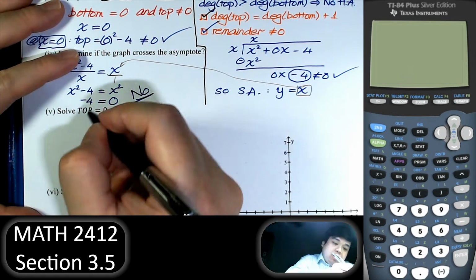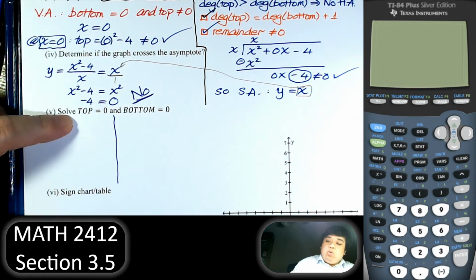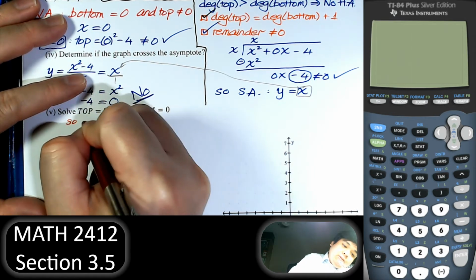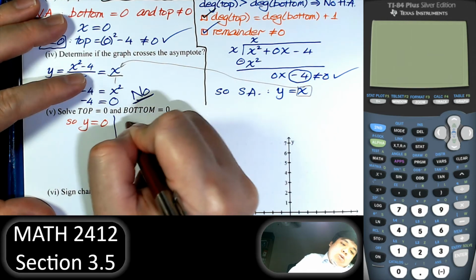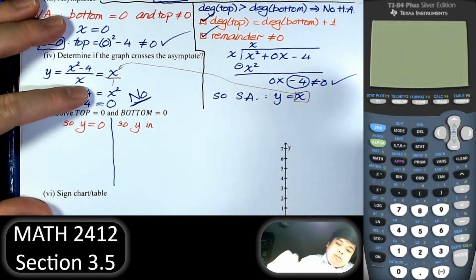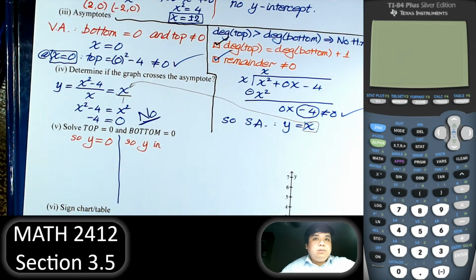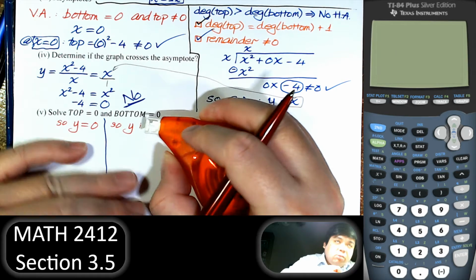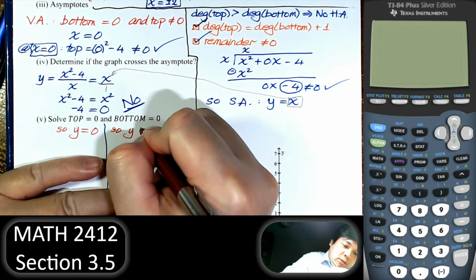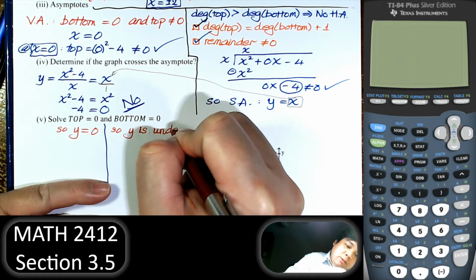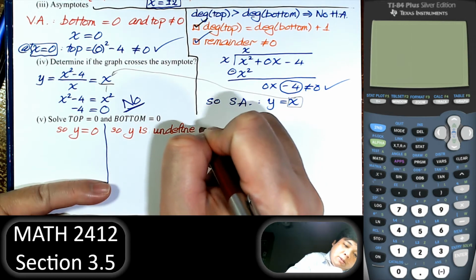Top equal to 0 is where the function equals 0, and bottom equal to 0 is where y is undefined. A lot of these are redundant.